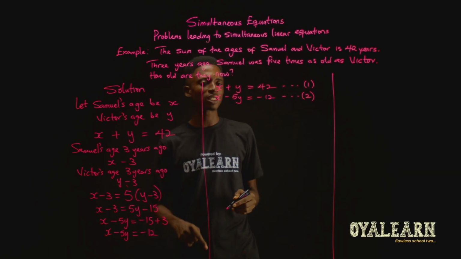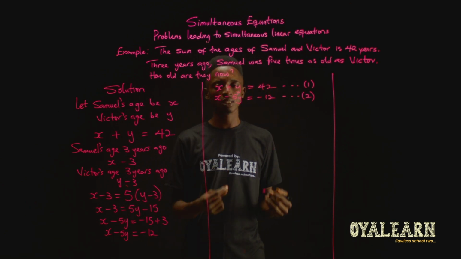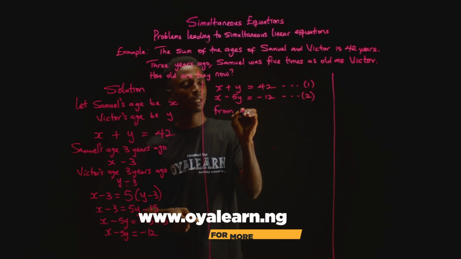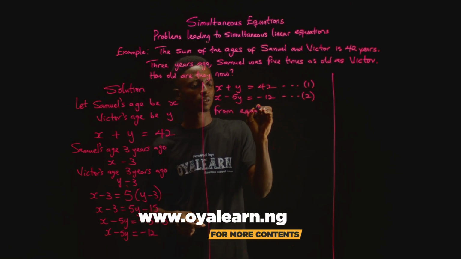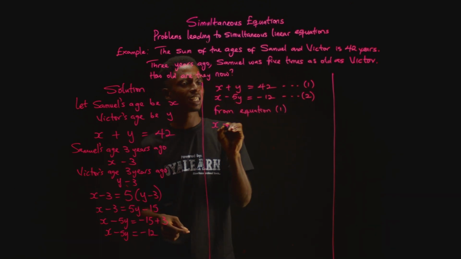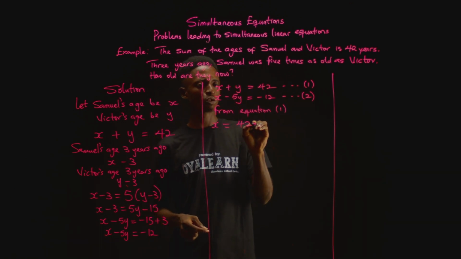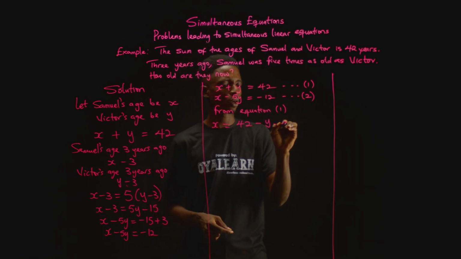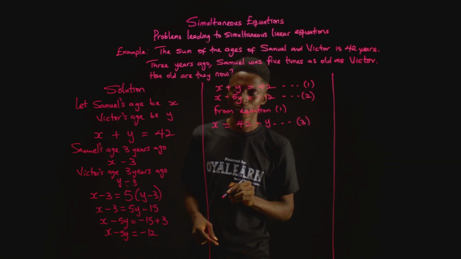To solve this simultaneously, I'm going to use the substitution method. So I will say from equation 1, X equals 42 minus Y. And then we call this equation 3.